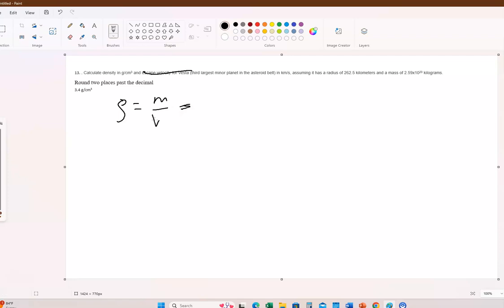So the mass of this is in kilograms. So kilo is times 10 to the third. So if I just rewrite this, it becomes 2.59 times 10. Since it's 10 to the 20th times 10 to the third, it would be 10 to the 23rd grams. All right, so that's pretty easy.